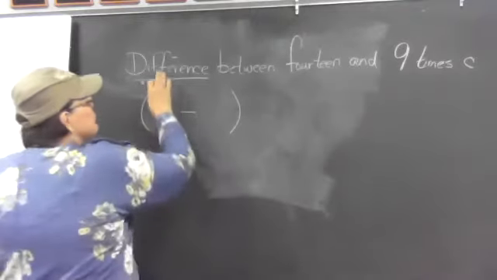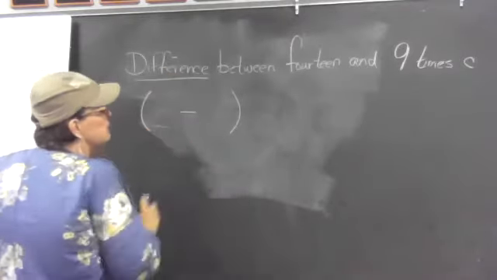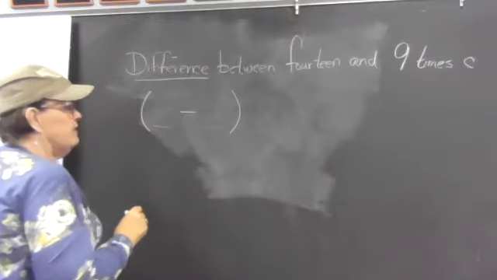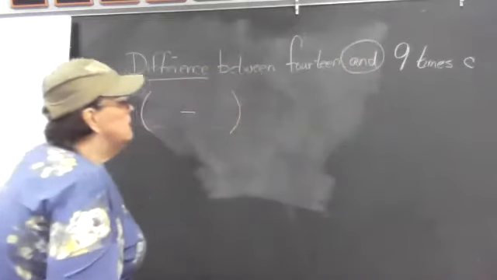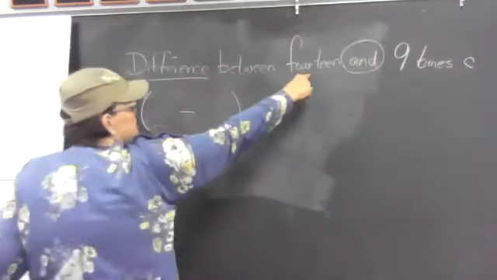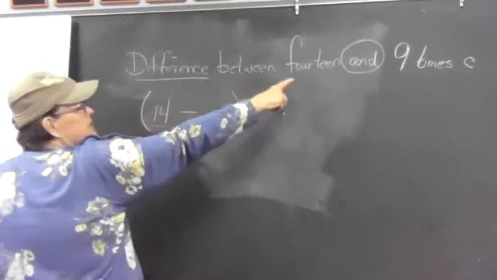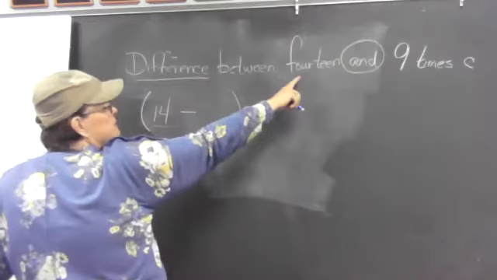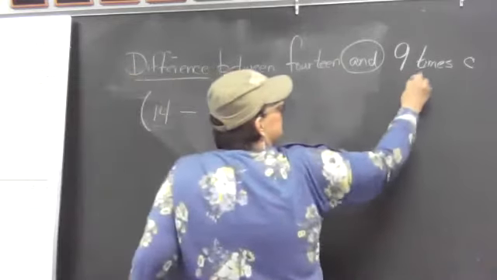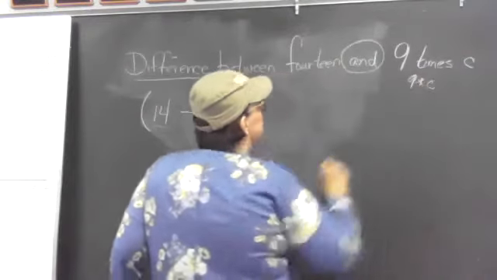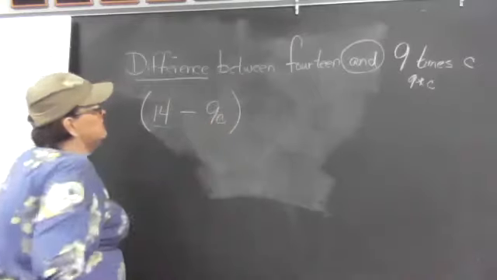Now, after this word, it will tell you what goes here and what goes here, and the way you're going to separate those is with the word and. So the number in front goes here. The and says, I'm done with the front and I want to go to the back. So 9 times C is the same as 9C.